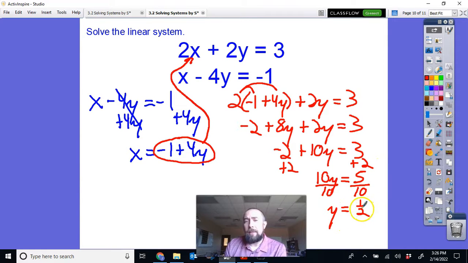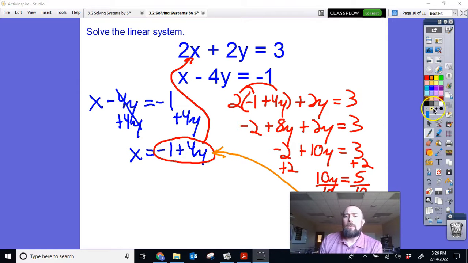So if you want to try the next step on your own, go ahead and pause it and try it. But because I have the y value, I can take this now and substitute it back into that first equation, and now I can get -1 plus 4 times 1/2, because I know y is 1/2.